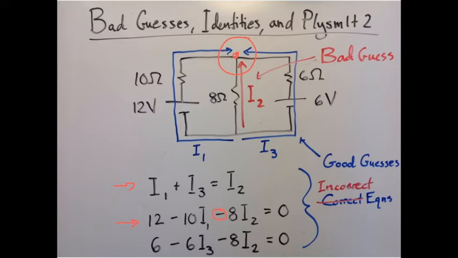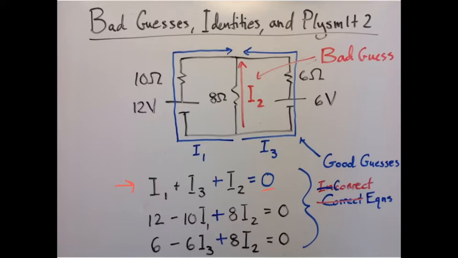But first I have to correct my equations, which is going to mean, in this case, switching all of the signs for I2. And so now here are all of the correct equations. With my 3 currents going in and none at all going out, terrible guess, but if this is what's drawn, that's the right equation for that.